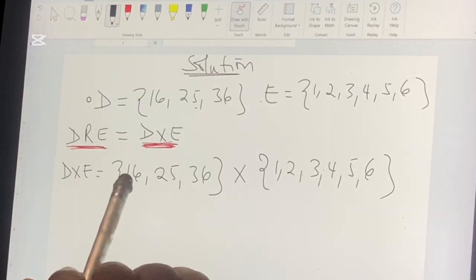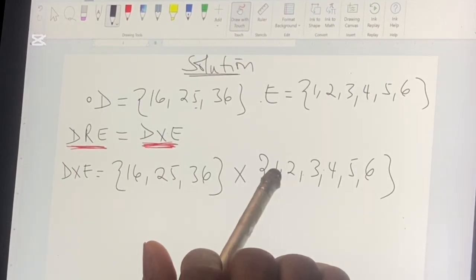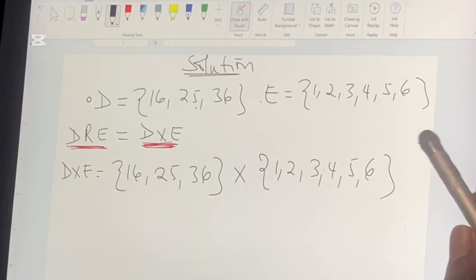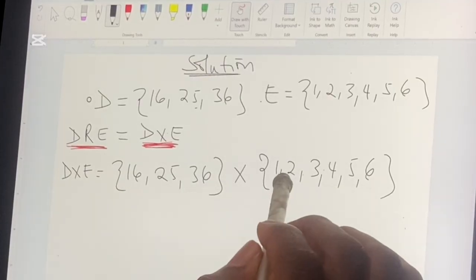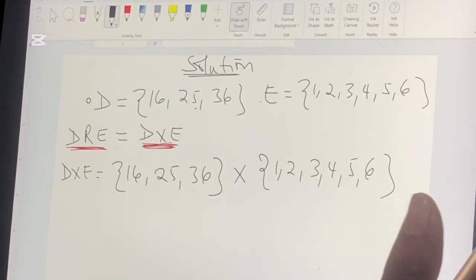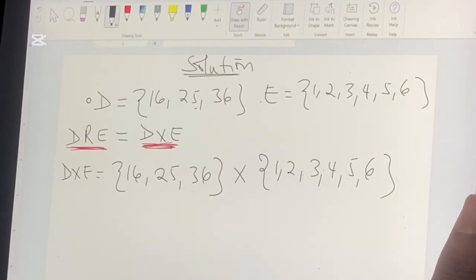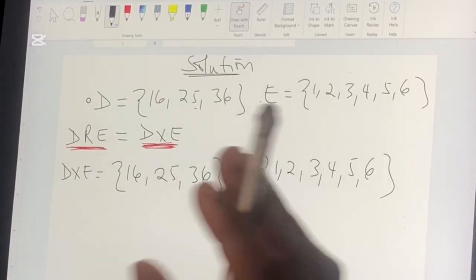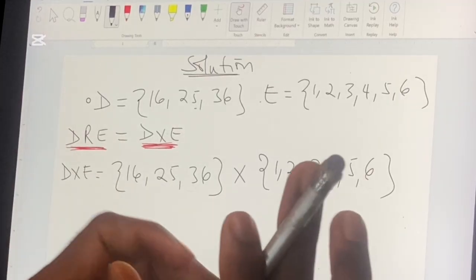Please take note, 16 times 1 will give us 16, 1. 16 times 2 gives us 16, 2. So we multiply in an ordered pair. But at this point, they gave us a condition. That means this particular relation is a conditional relation.